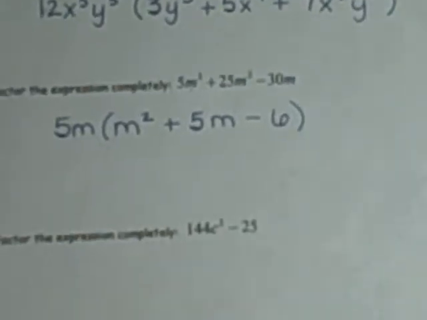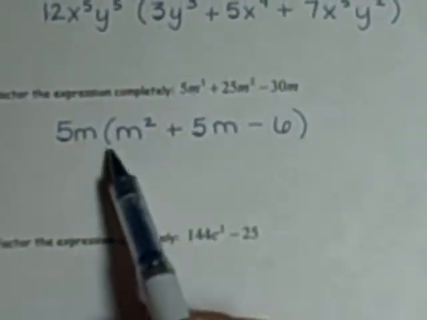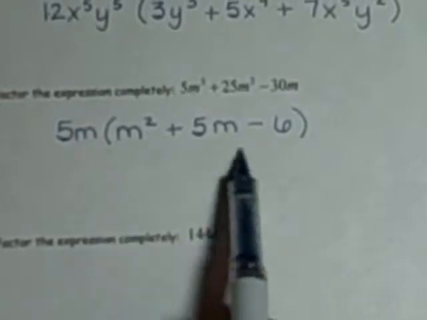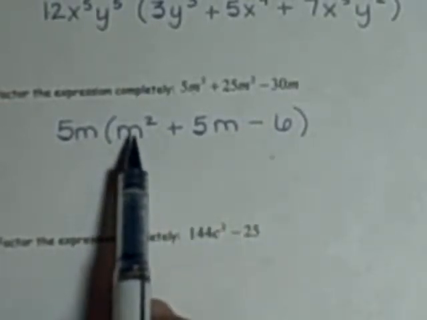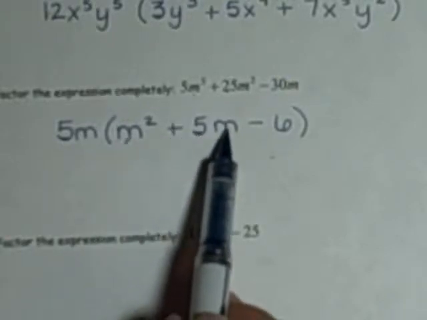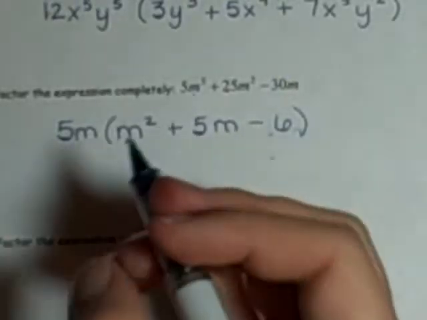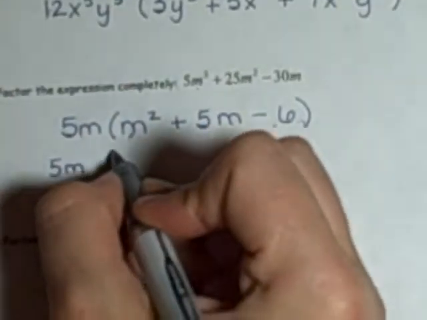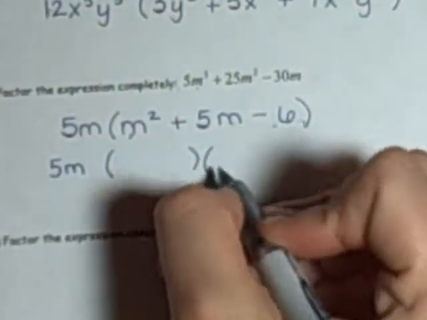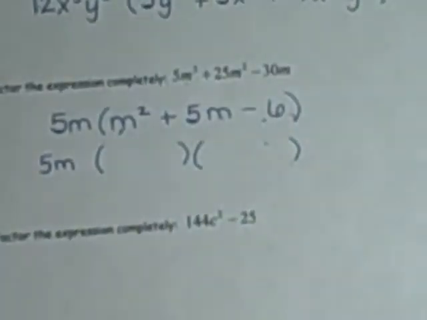Now this time, this is a little different than the last one, because this trinomial I can probably factor, because this is in that form, the x squared plus the something x plus the something. So I'm going to leave my 5m here. And then I'm going to set up 2 parentheses. Now don't let it bother you that these are m's and not x's.